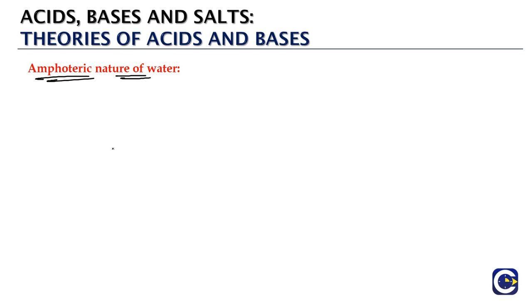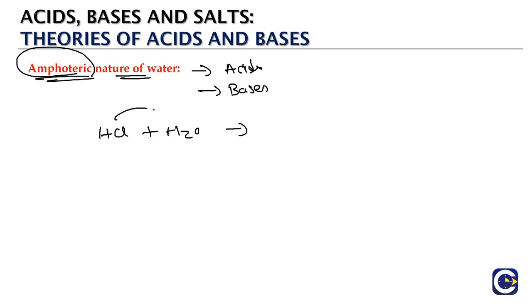Now the Bronsted and Lowry theory is also able to explain the amphoteric nature of water. What we mean by the amphoteric nature of water is that water can react with both acids as well as bases. If you look at water, it can react with acids like HCl. When HCl is dissolved in water, HCl will donate a proton to water, thereby we will get Cl minus and H3O plus.